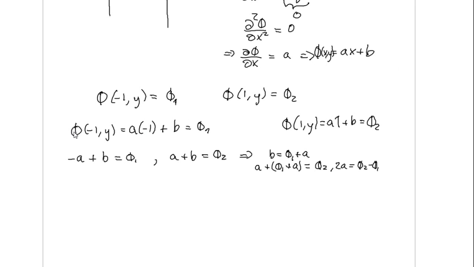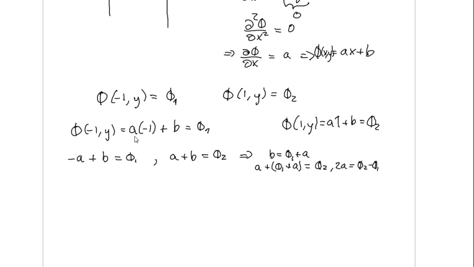We obtain that phi of minus 1, y is equal to, and here we just replace x with minus 1, so a times minus 1 plus b should be equal to phi 1. Similarly, on the other side, we replace x with 1, so a multiplied by 1 plus b is equal to the constant phi 2.